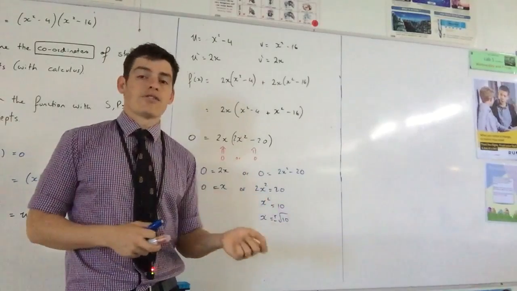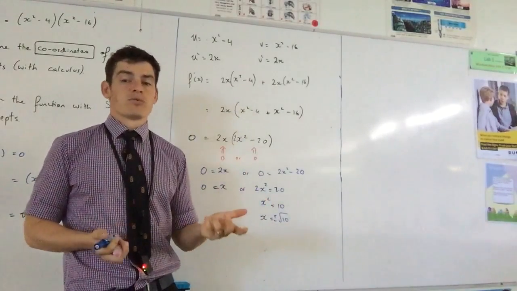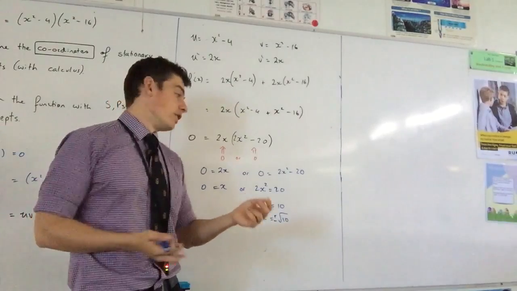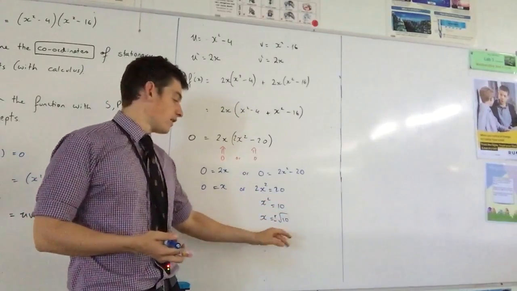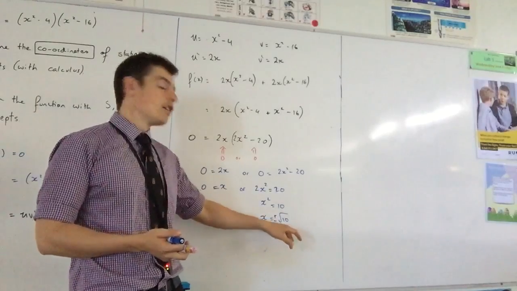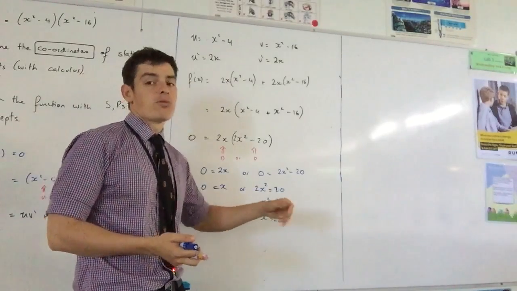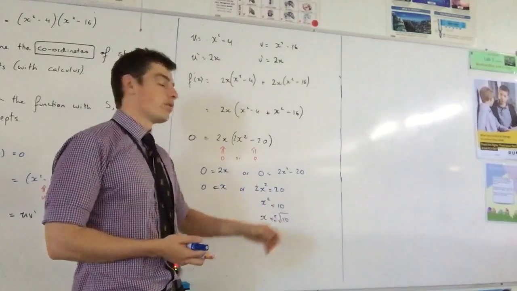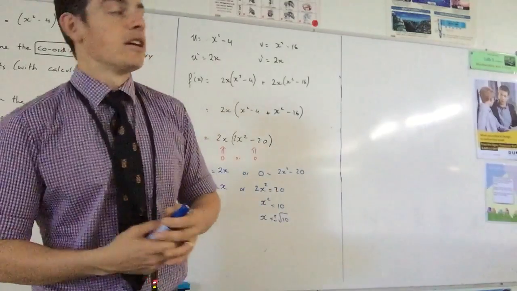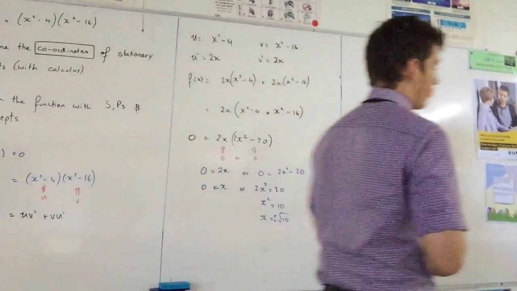If I had negative 3 times negative 3, though, what would my response be? It'd be 9. So you have to acknowledge the fact that this square root of 10 could be positive square root of 10 or it could be negative square root of 10. When I multiply those two values together, I'm going to get a positive value, so I need to acknowledge that.